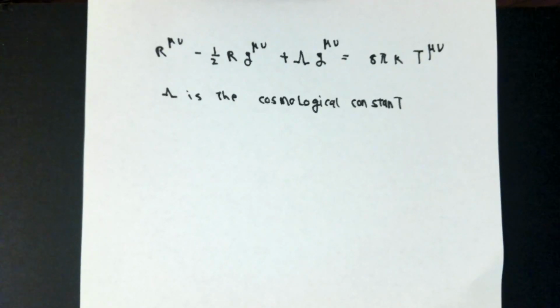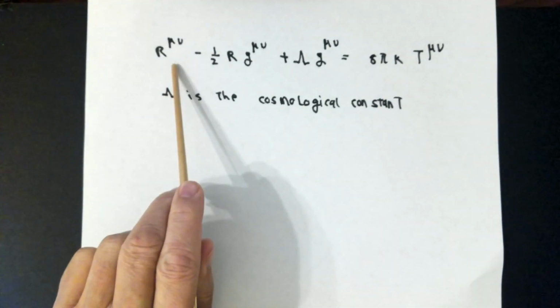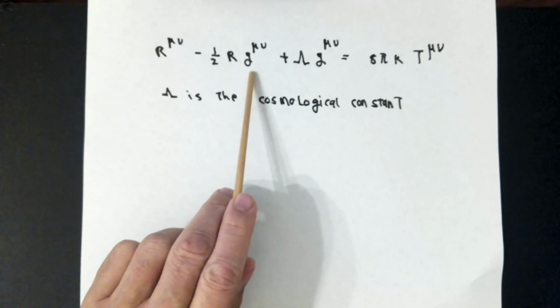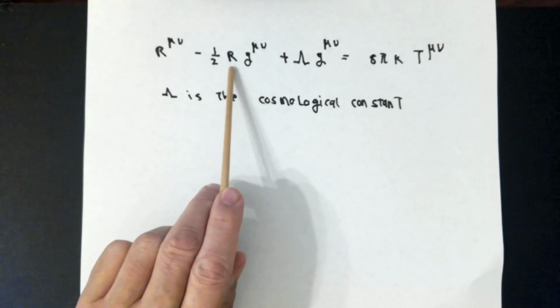So we could write these field equations with this new extra idea in as R mu nu minus 1/2 Ricci scalar times the metric tensor. I should comment that that R is a scalar, but it isn't necessarily a constant.